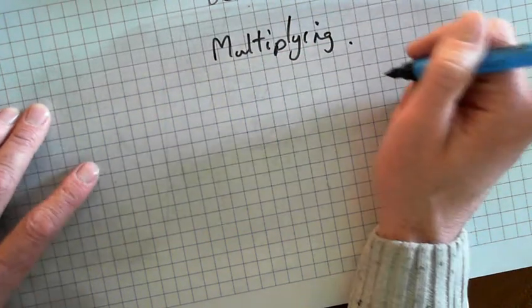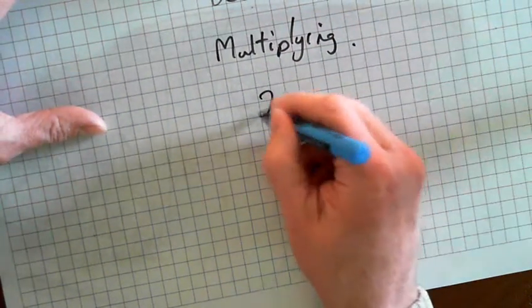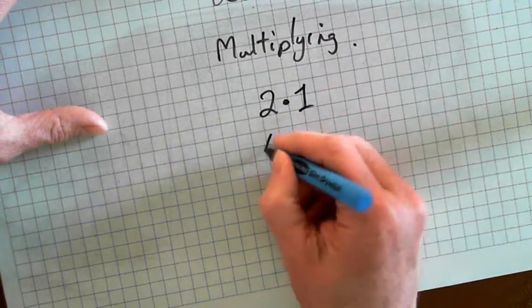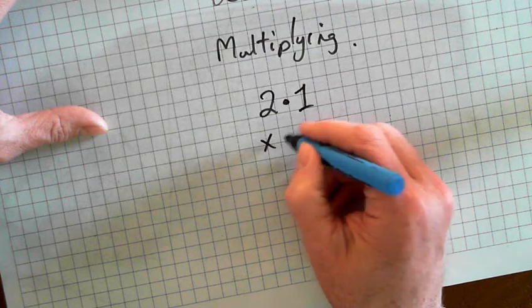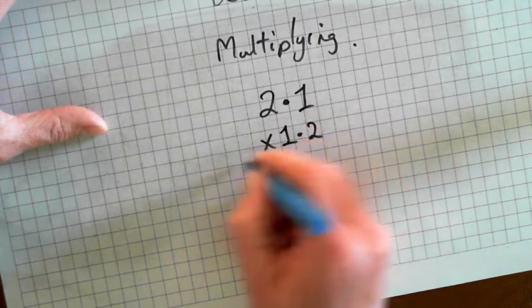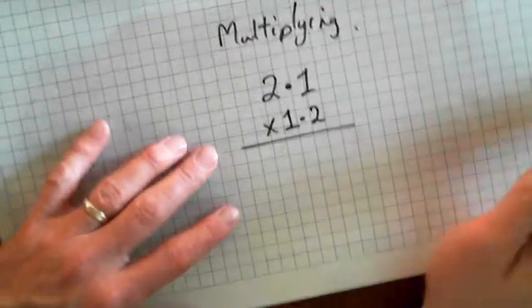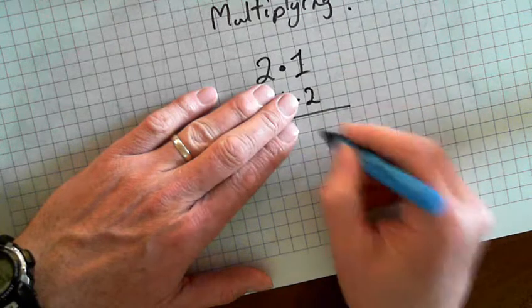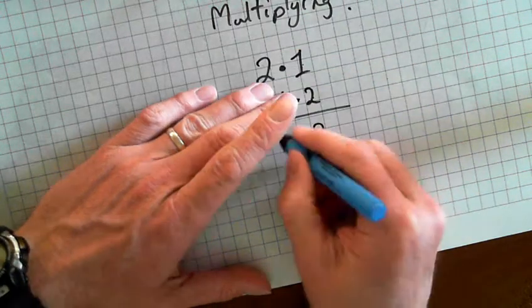What about multiplying? Let's say we have 2.1 multiplied by 1.2. Okay. Now, first of all, forget about the decimals to begin with. Multiply by the 2. 2 ones are 2, 2 twos are 4.